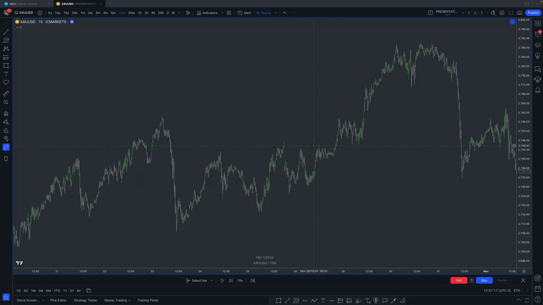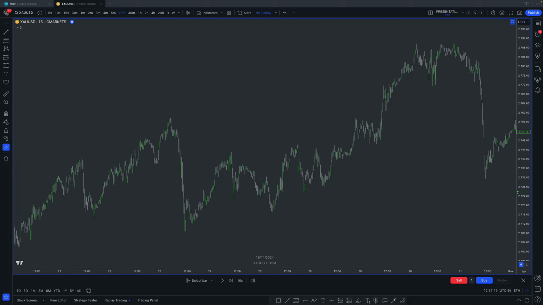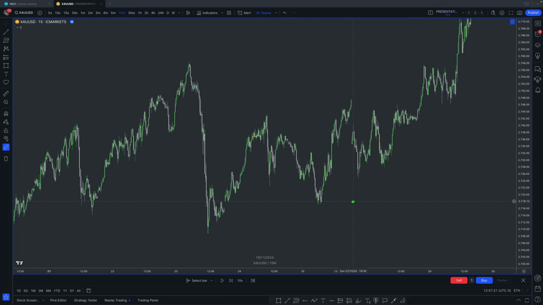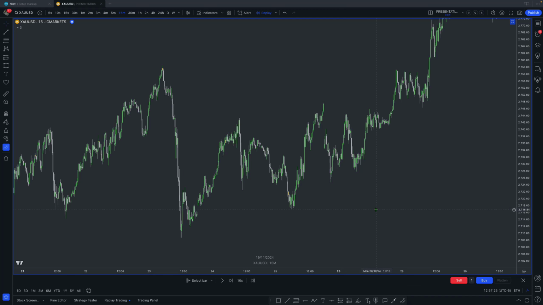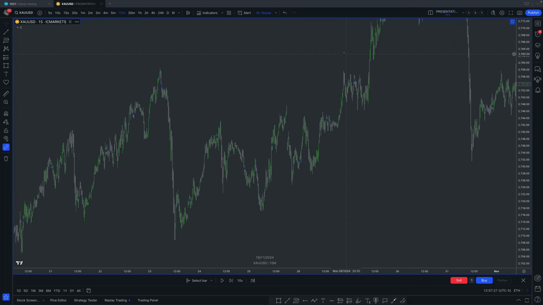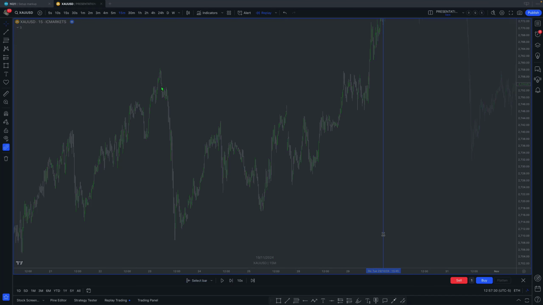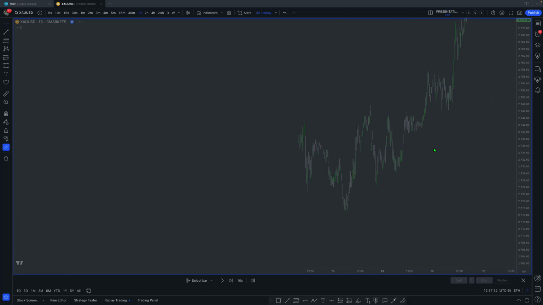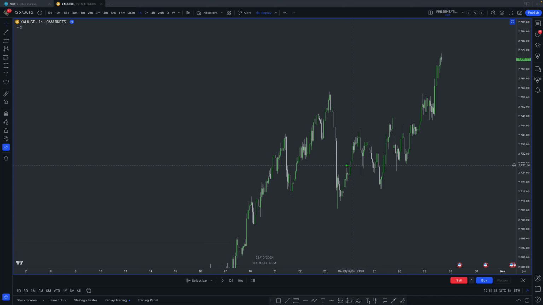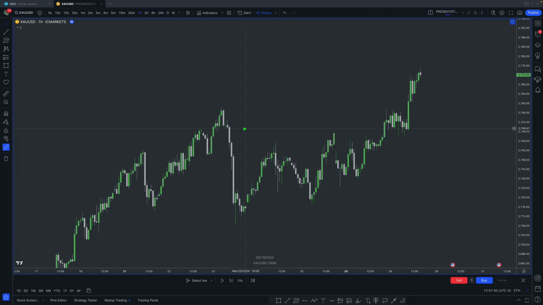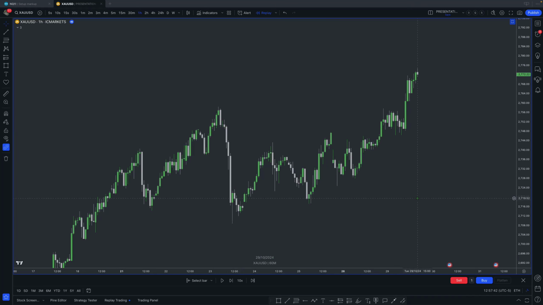Looking at this, similar kind of thing here. So I'll go to a slightly higher time frame. Obviously it's been a retracement and now we're going to expand back out.